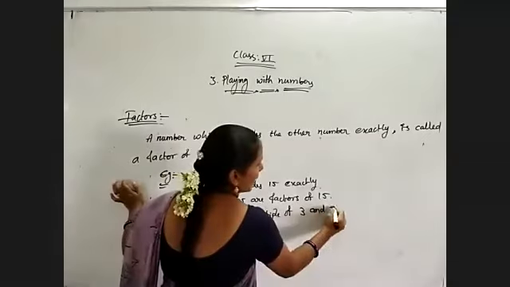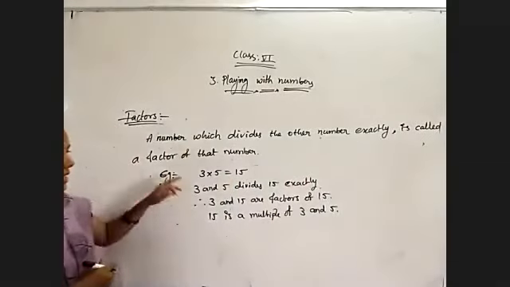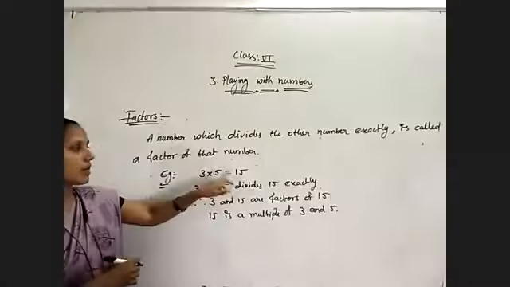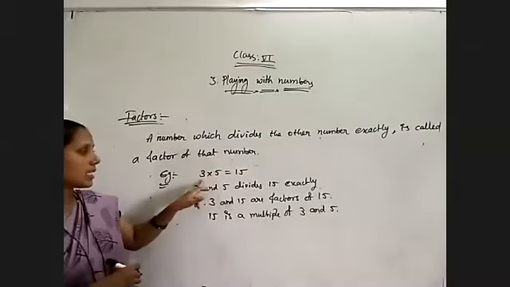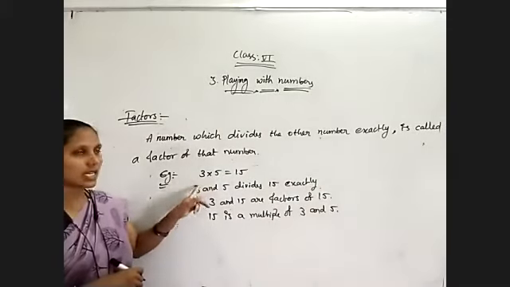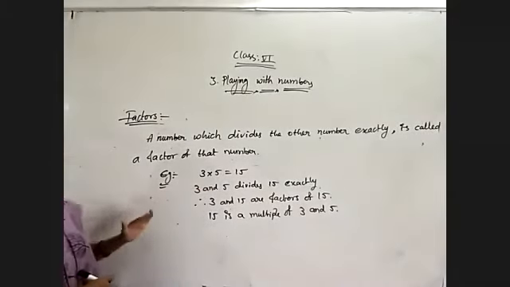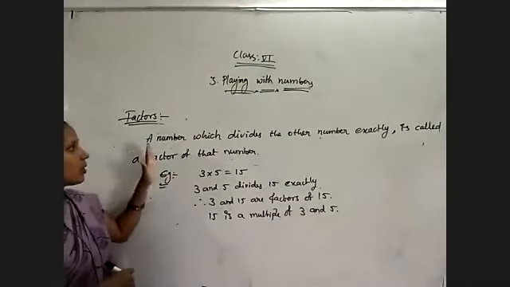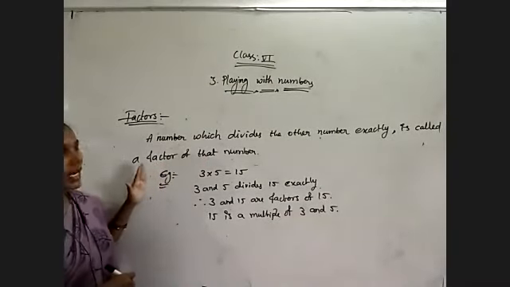These multiples I will explain later. 15 is the multiple of 3 as well as 5, meaning in the 3 table we will get 15, in the 5 table we will get 15. 3 fives are 15, 5 threes are 15.